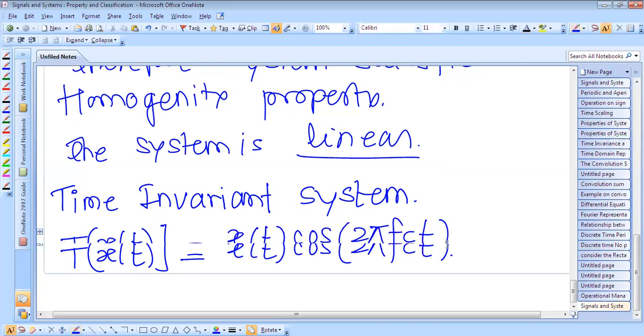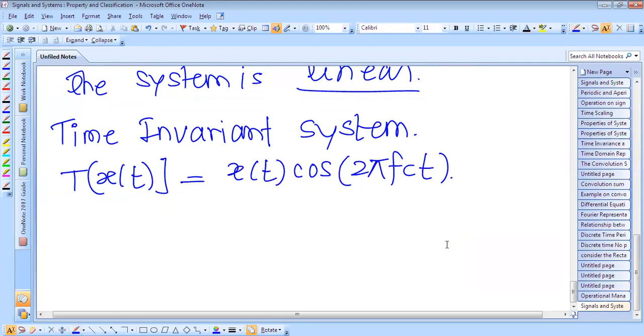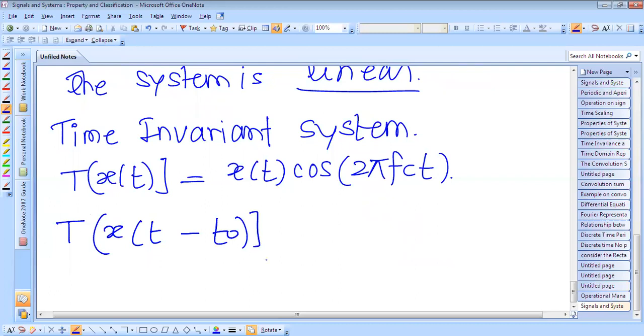So further we can write, if the input is delayed by some time, x of t minus t0. Okay, so the input is delayed by some time. We can say here this is a delayed input.